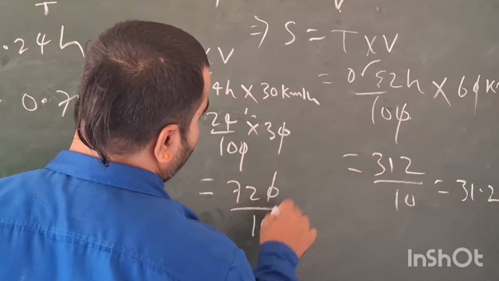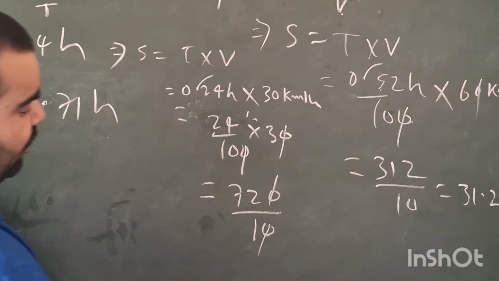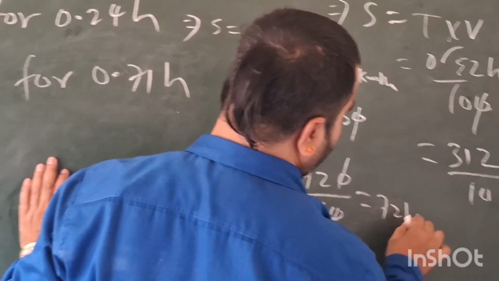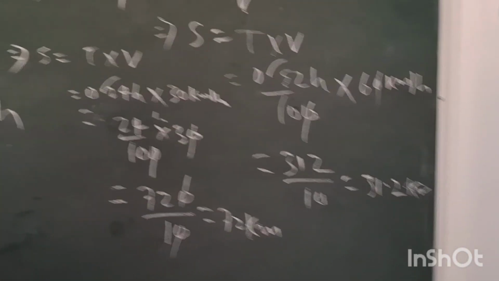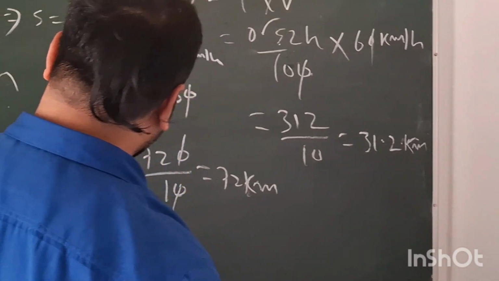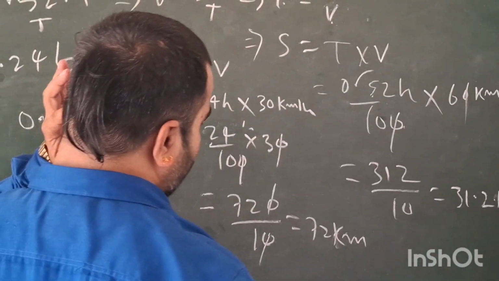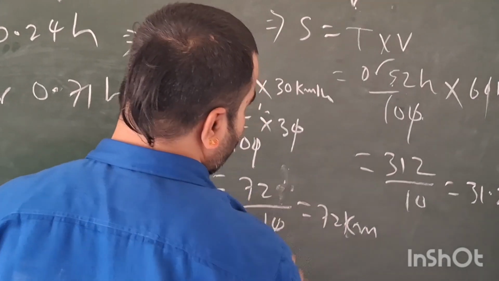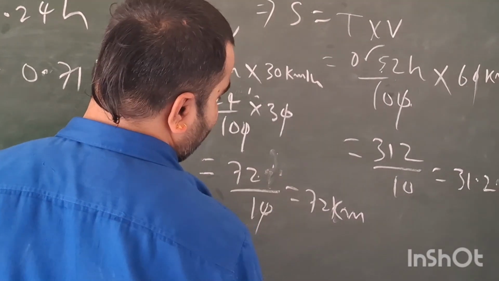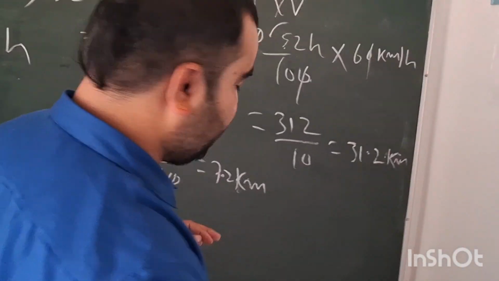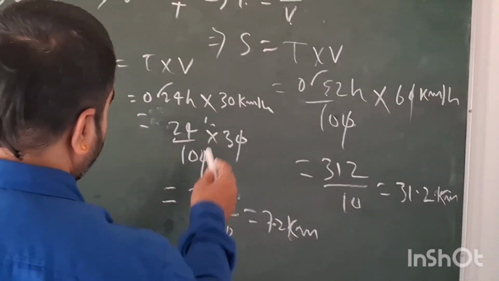So 72 by 10 is 7.2 kilometer. There was a mistake earlier.